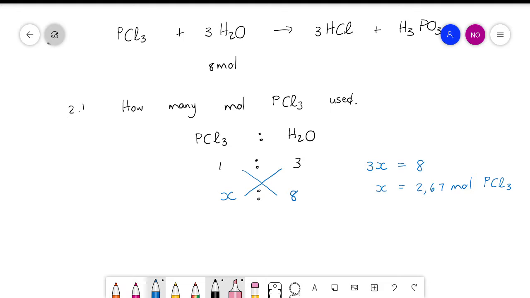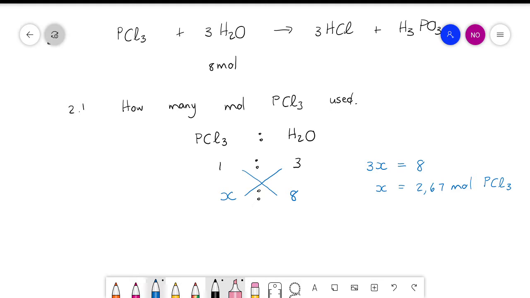So let's take a second to just talk about what this means. Dit beteken as al die fosforkloried gaan reageer met al die water in hierdie houer, né? Want hulle sê mos daar's 8 mol water, hoeveel fosforkloried moet daar wees, né? So al 8 mol water gaan reageer.